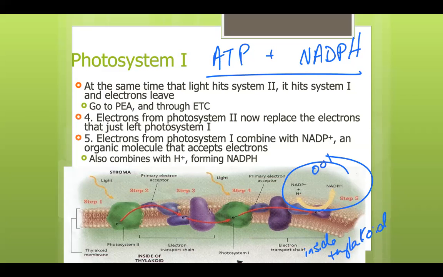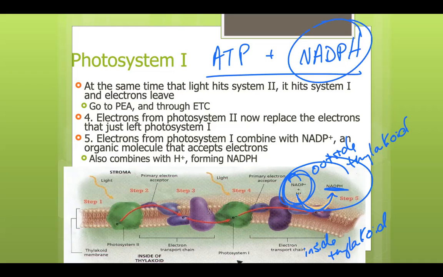This is outside the thylakoid. So at the end of photosystem 1, electrons are going to combine with NADP plus and a hydrogen ion to form NADPH. That's why you've got an arrow that comes down, picks up the electrons and forms NADPH. This is one half of where the chemical energy is stored.